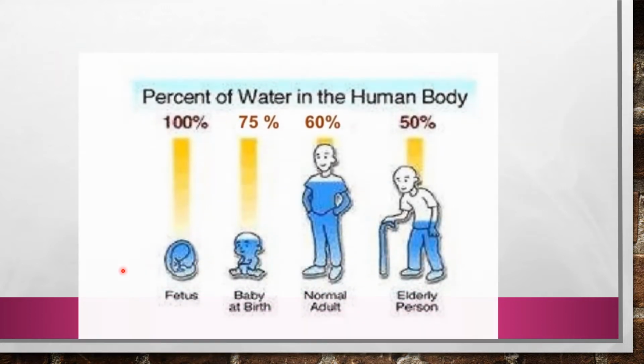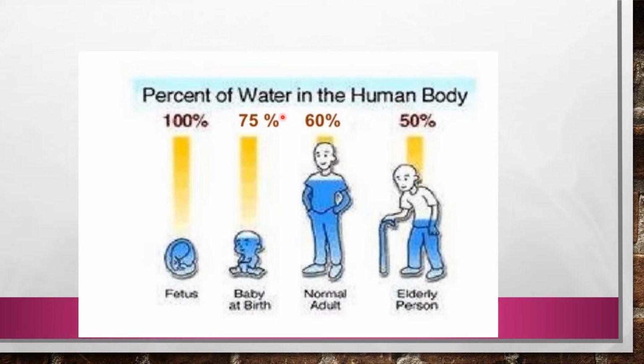Next, how much percentage of water is present in our body? When we were in the mother's womb, during the fetal period, the water percentage is 100 percent. The fetus is swimming in the amniotic fluid, so the water content is 100 percent.